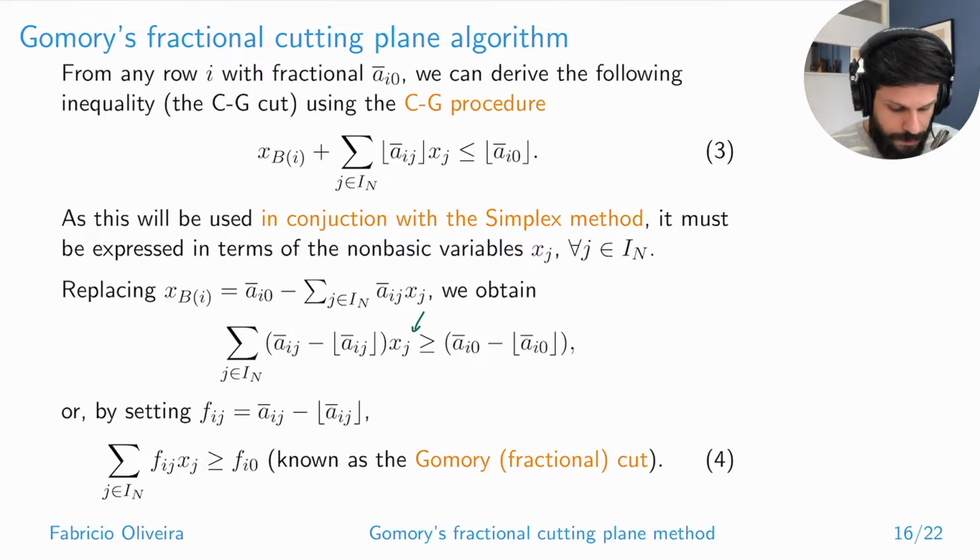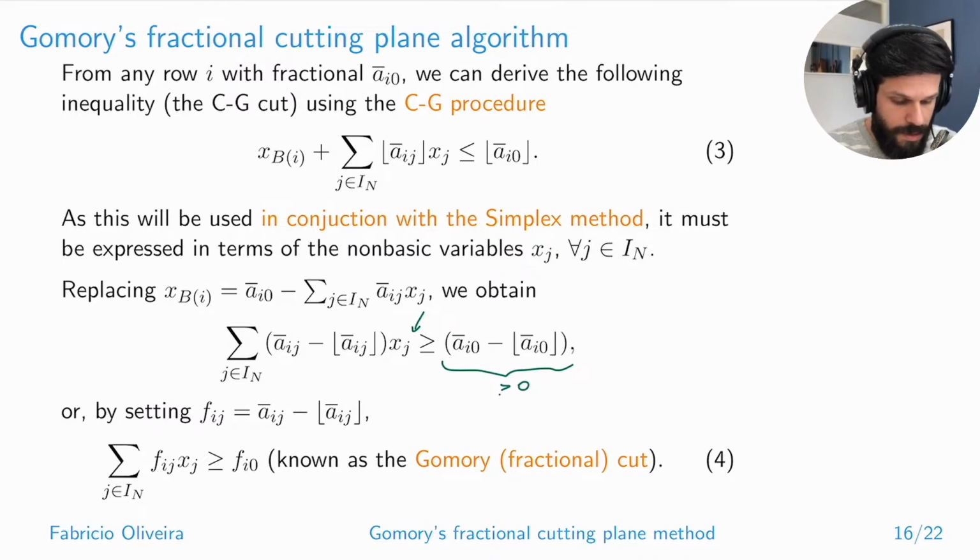And you can see that it's not that hard to see that this is immediately removing the current LP solution if this happens to be fractional, right? Because what's going to happen is that this is clearly greater than 0, because this thing is fractional.